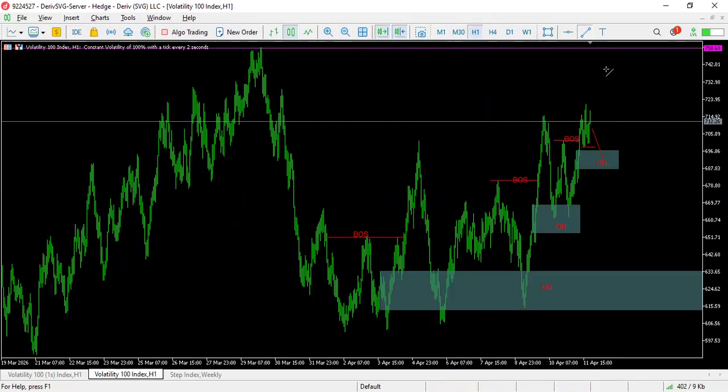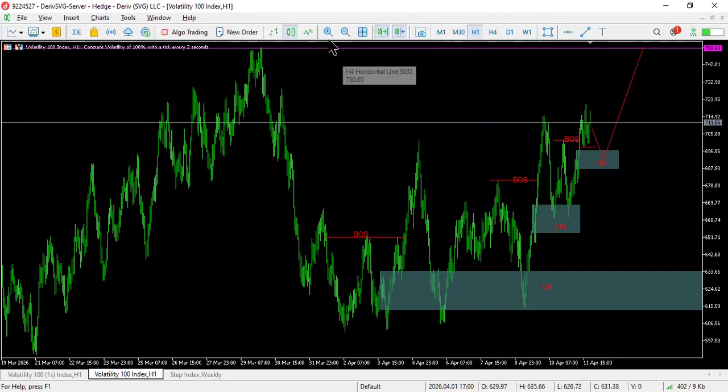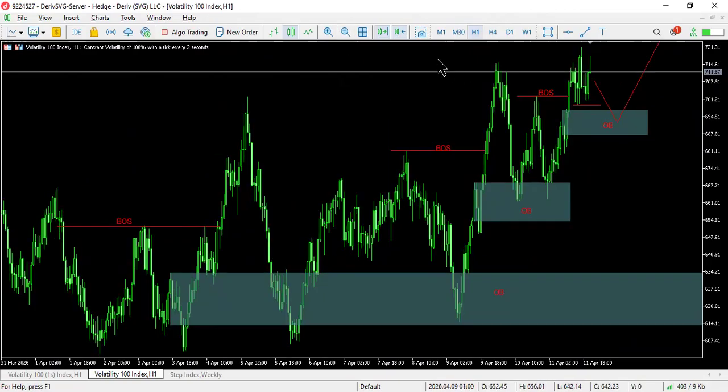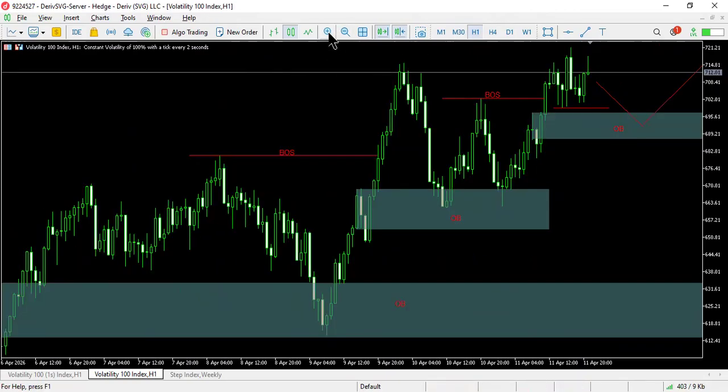For price to sweep the liquidity, tap into this order block, and then get to our take profit. So this is what I'm anticipating to happen, as everything is aligning with my strategy. That is what I'm going to be observing this week to see if it plays out on Volatility 100.